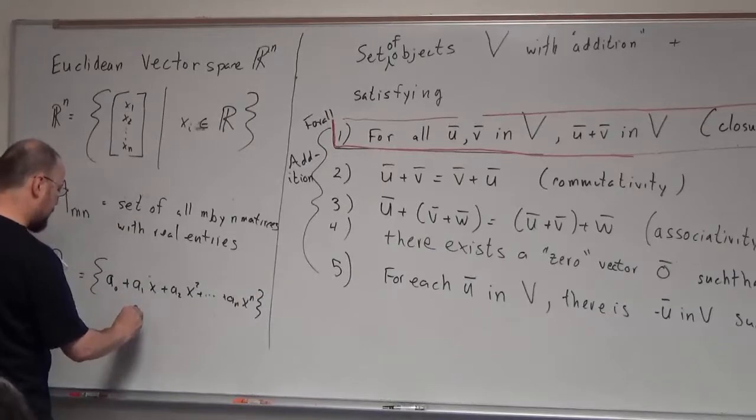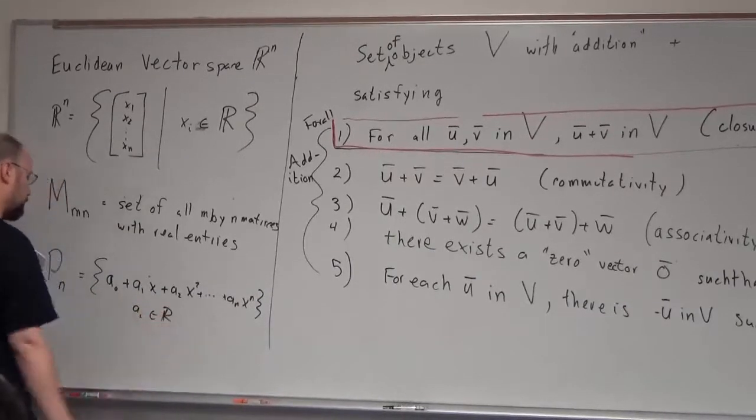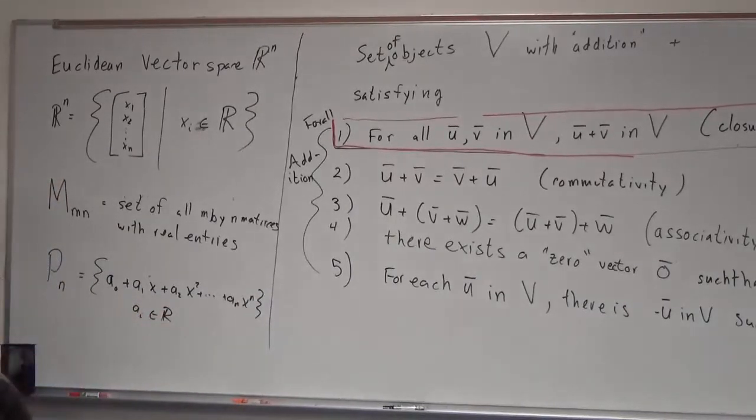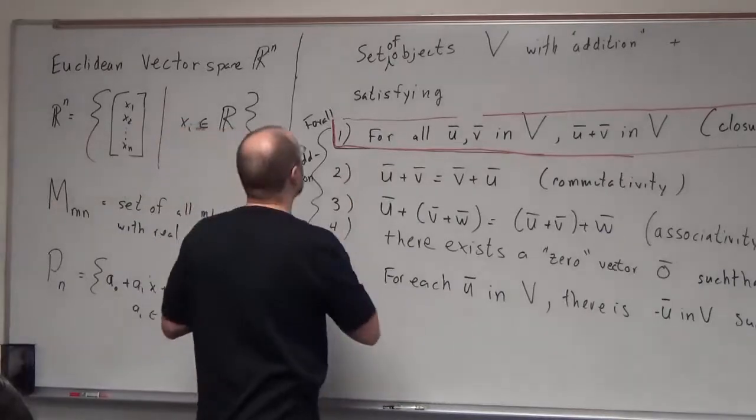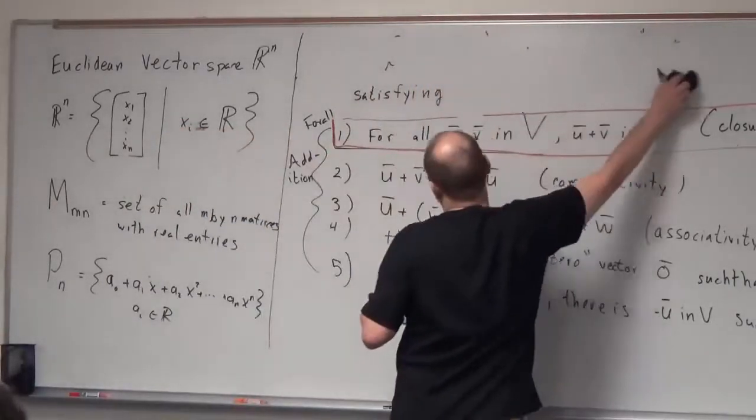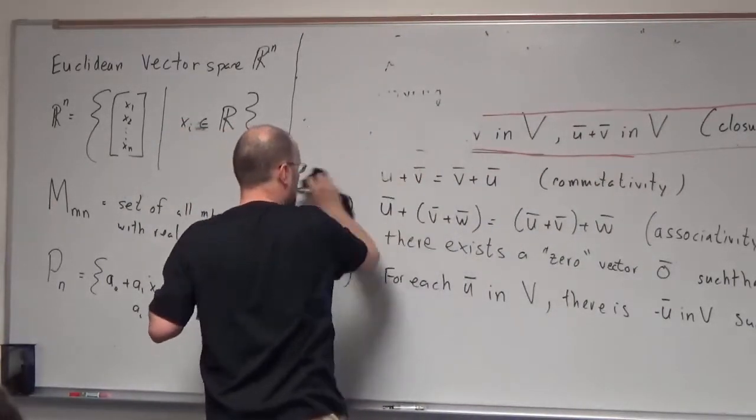I should say that the ai are real numbers. So polynomials over real numbers. That's more interesting. Maybe we'll go back to those.